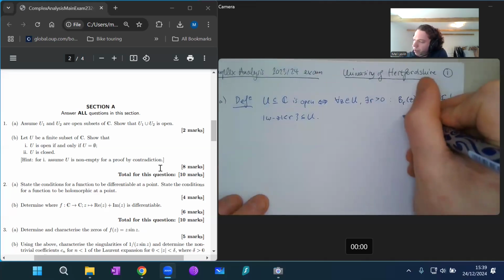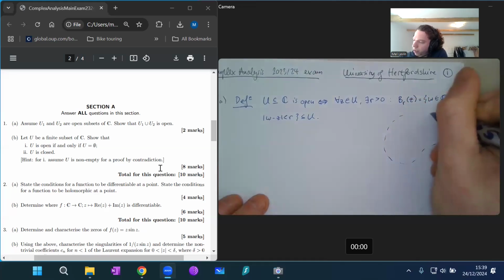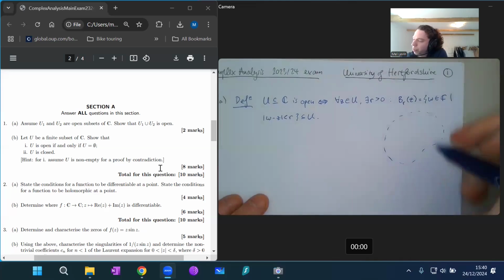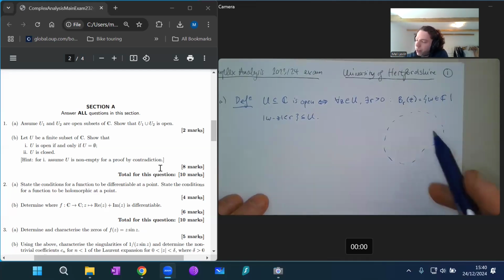Basically, the picture for that is typically U would be some kind of blob, some kind of subset of the complex plane that is missing its boundary, right?